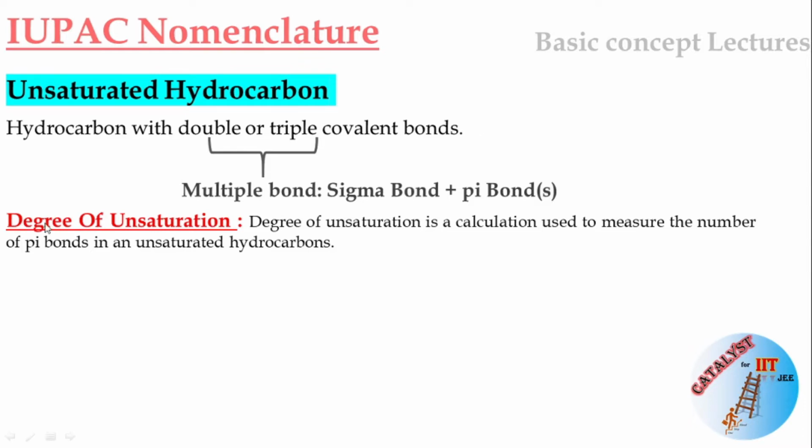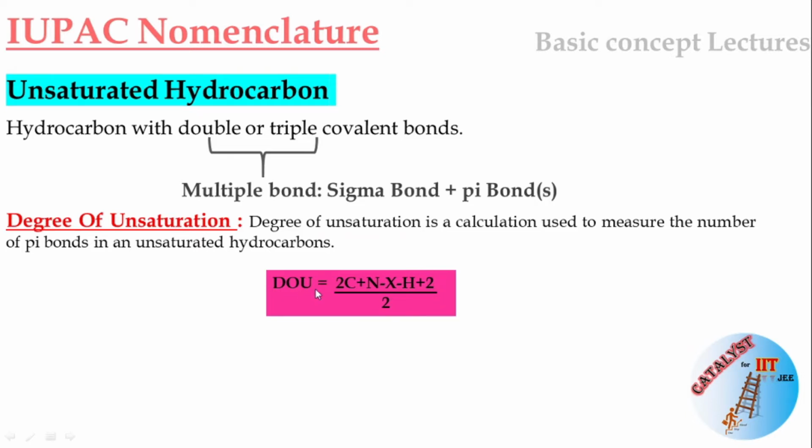For a saturated hydrocarbon, the degree of unsaturation will always be equal to 0, while for unsaturated hydrocarbons there is some value that should be an integer, as a bond cannot be a fractional unit.